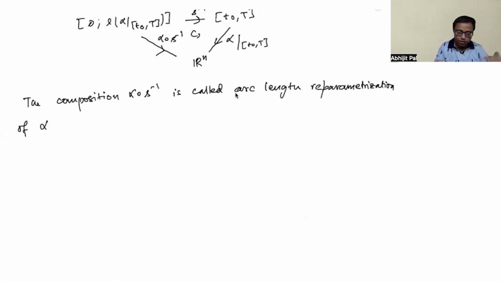Okay. So now note this fact. If I take the derivative of this alpha with respect to the arc length reparameterization, we'll get that derivative to be of norm 1. So we'll get a unit speed curve. So let me just write down the definition of unit speed. What do you mean by a unit speed curve?